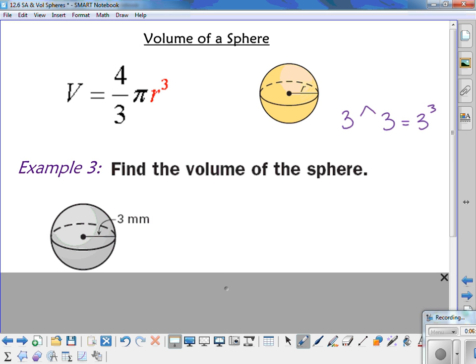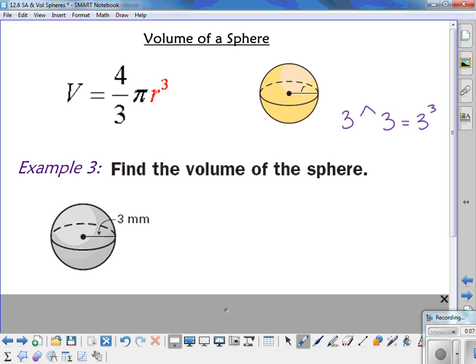All right, so we're going to find the volume of this sphere, 4/3 pi r cubed, so r is 3, and so that is 4/3 pi times 27, and I can go ahead and reduce my 3 and my 27 here.